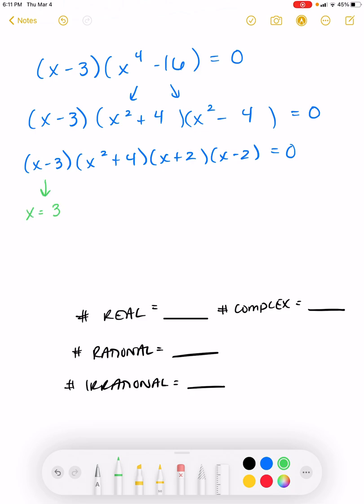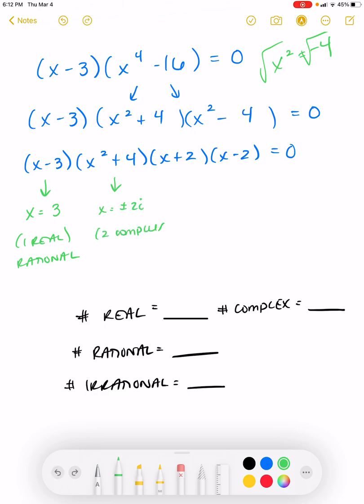This first factor yields x equals 3, which means it's one real, and not only is it real, but we can also say that it is a rational number. Well, this factor, if we take x squared plus 4 and subtract the 4 over and square root both sides, is going to give us 2 complex roots.